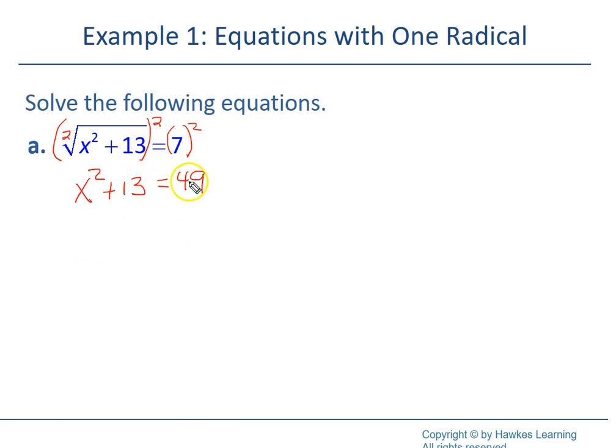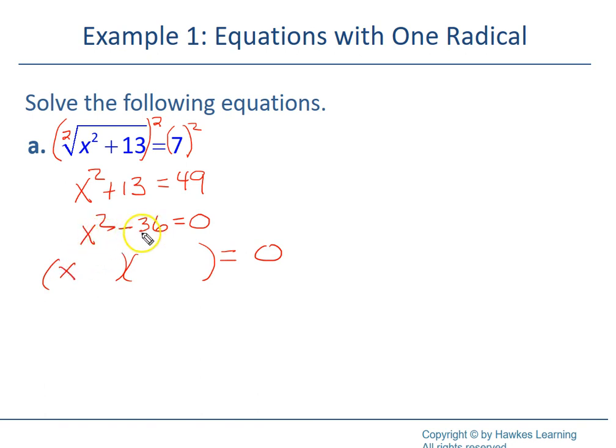And now we bring our 49 over. It becomes a negative 49 on this side. Negative 49 and 13 give me a negative 36. And then we use, from a previous lesson, factoring to solve the equation.